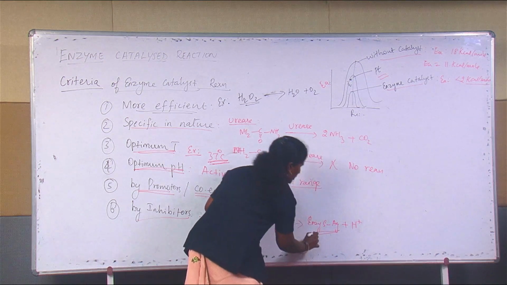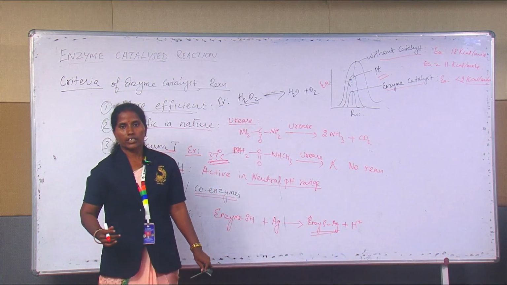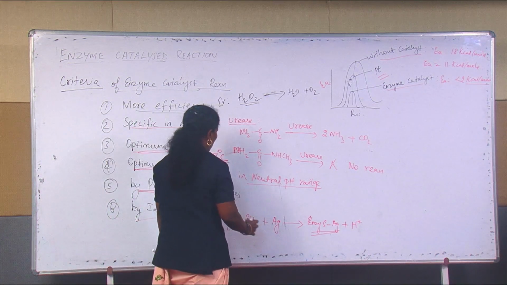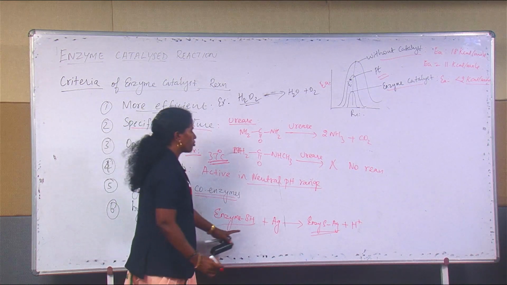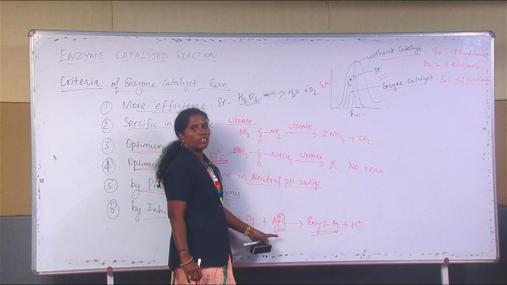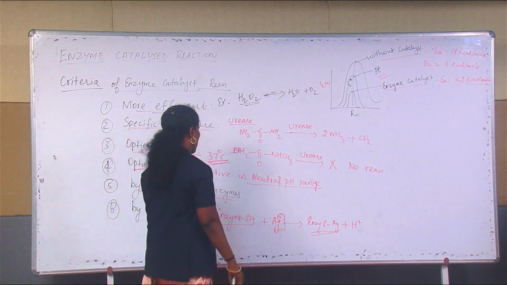So it will arrest the thiol group, the reaction gets poisoned and the rate of the reaction decreases. So this enzyme catalyst reaction is poisoned in the presence of silver. So silver acted as an inhibitor or poison.